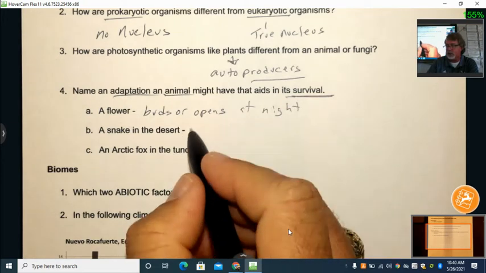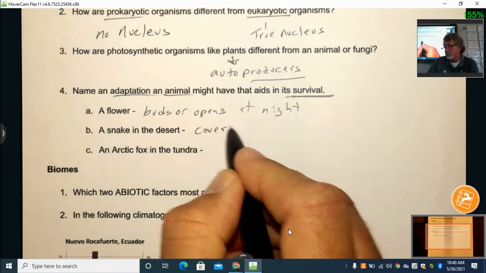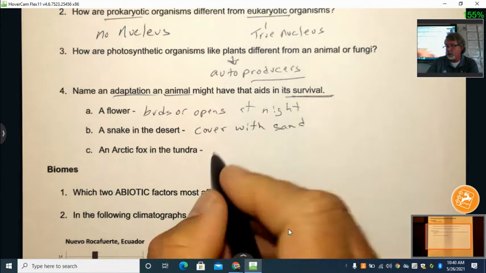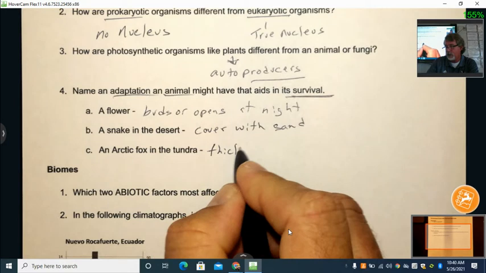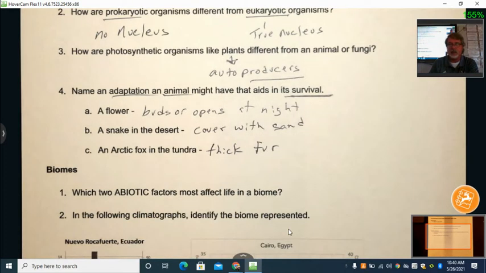A snake in the desert would cover itself with sand. So that's one adaptation. Arctic fox, thick fur. We're not going to ask you specific examples of these. We're going to ask you to read a scenario and you pick out the adaptation. But those are types of adaptations.